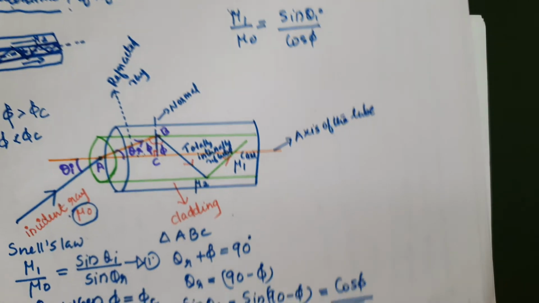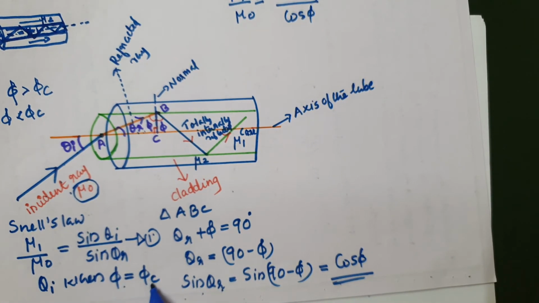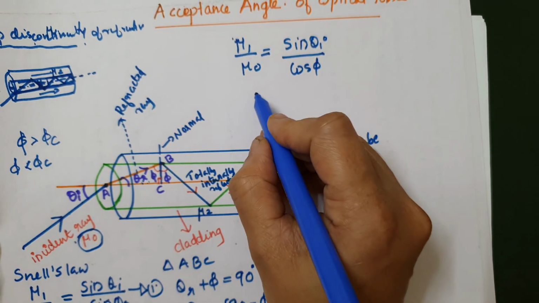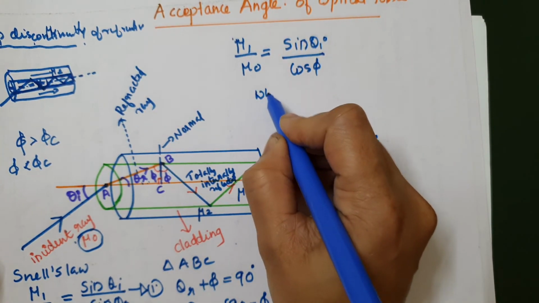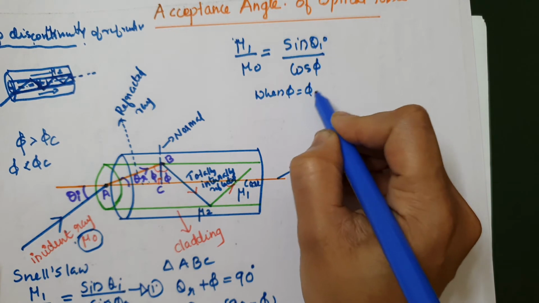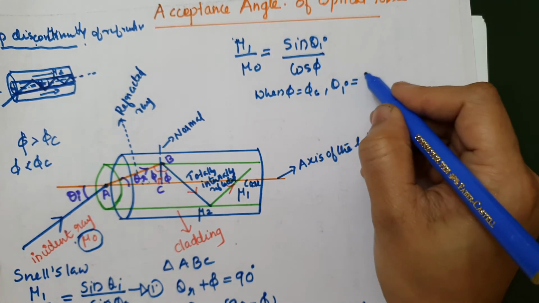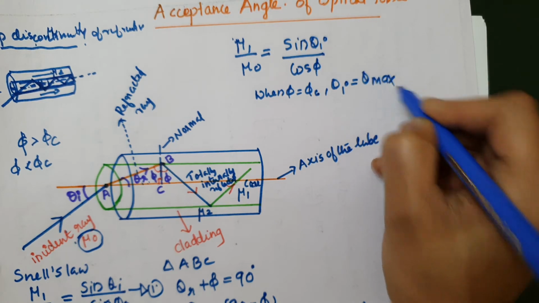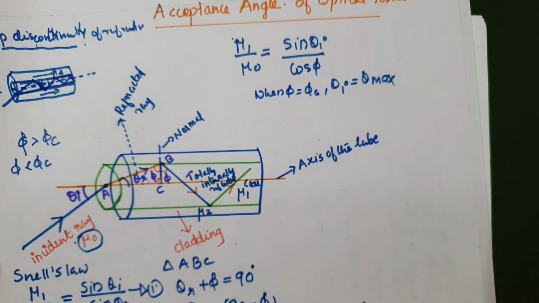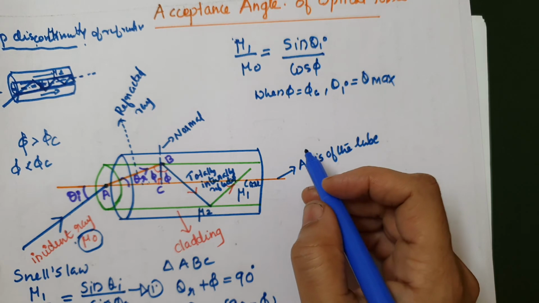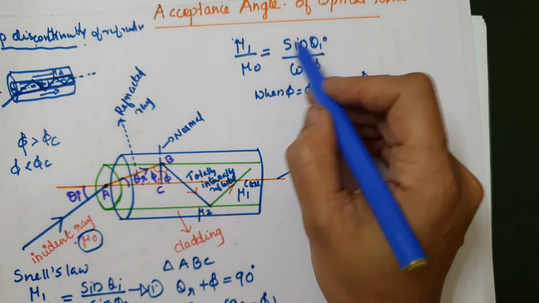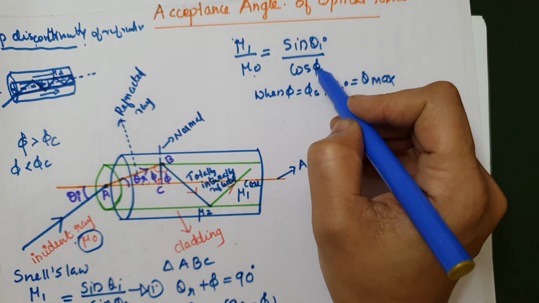When we are giving this condition, that is, when phi is equal to phi c, then the theta I, that is the maximum value of theta I, angle of incidence, we are giving it as theta maximum. Therefore, the equation becomes mu 1 by mu 0 is sin theta I by cos phi.